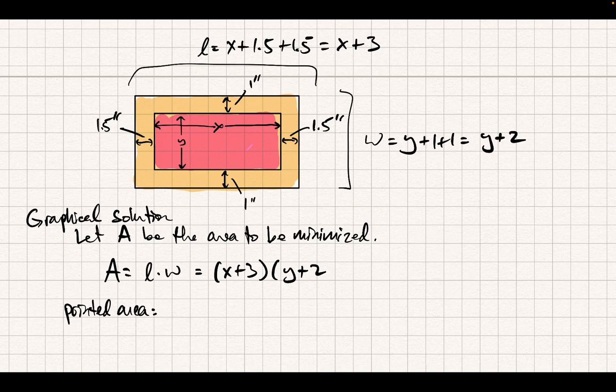What's the formula for my printed area, the red area now?